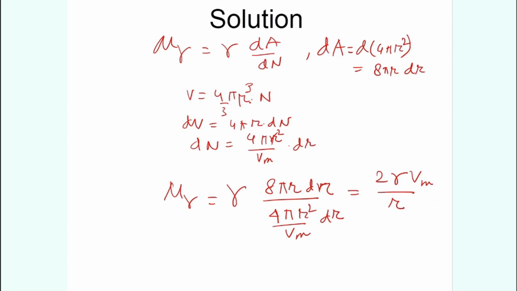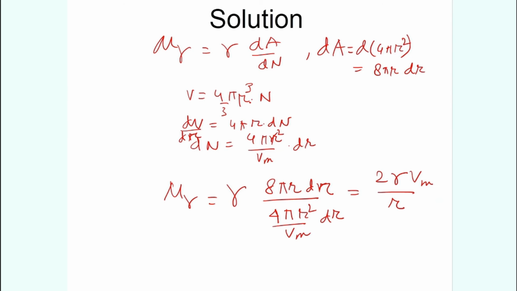Mu r is basically gamma multiplied by dA by dN, and dA for a spherical particle is 8 pi r dr. The volume of the particle is 4/3 pi r cubed. Now you can write down dV by dr, that's equal to 4 pi r squared.